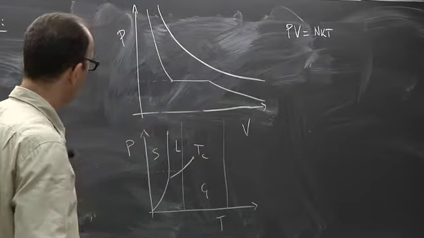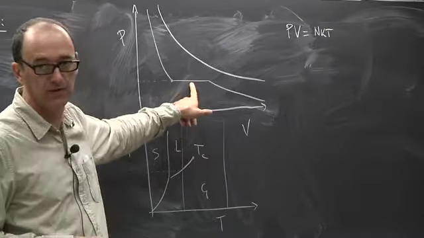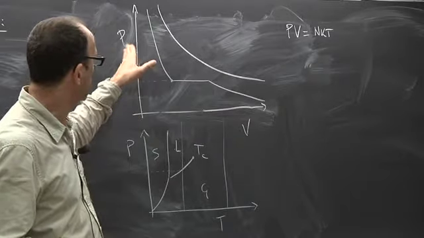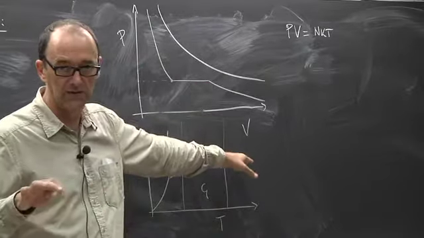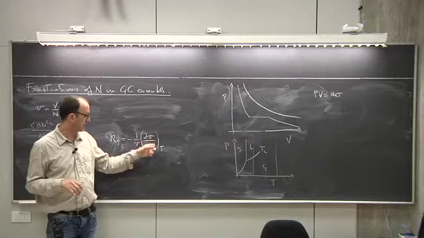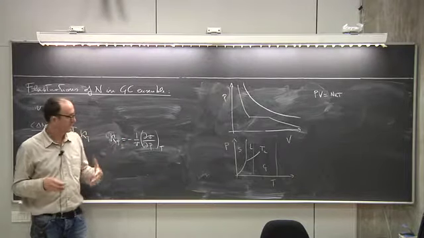So you see that at the phase transition, the pressure as a function of the volume is flat. So the derivative of the specific volume with respect to the pressure is infinite.